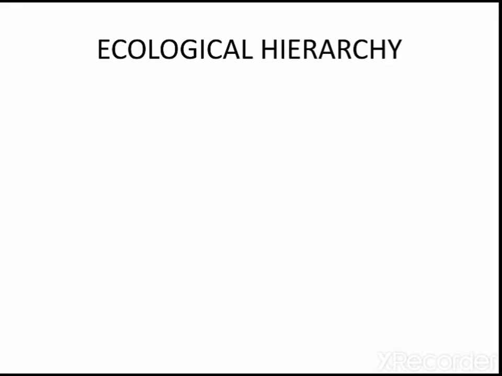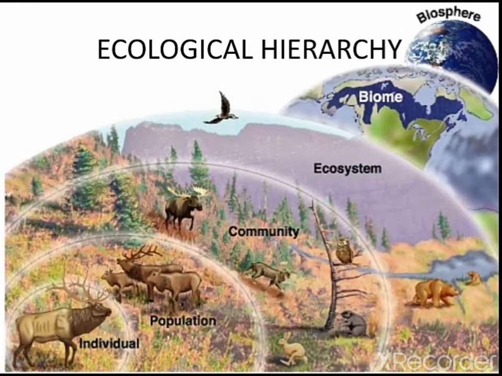Now let us start with ecological hierarchy. Ecological hierarchy is basically the levels of arrangement of ecological factors. If we start from the basic level, the first level, as you can see over here, is the individual, where a single organism is involved. Next, a group of related organisms comes under a higher level of ecology, which is known as population.